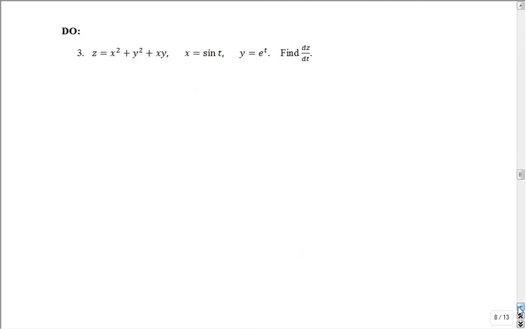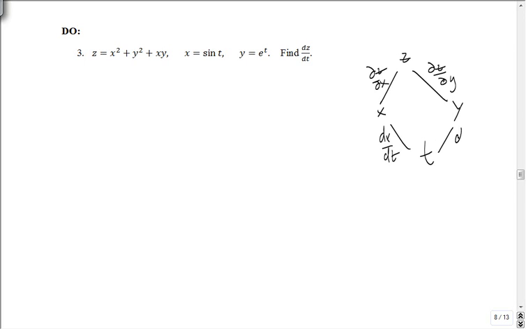Okay, let's go over it. So it would have helped you if you had drawn the little diagram thing. Partial z, partial x, partial z, partial y, dx dt, dy dt. Okay, you give it to me.